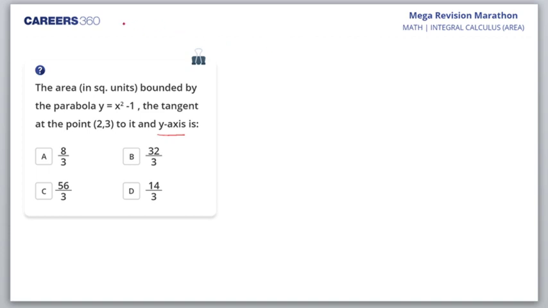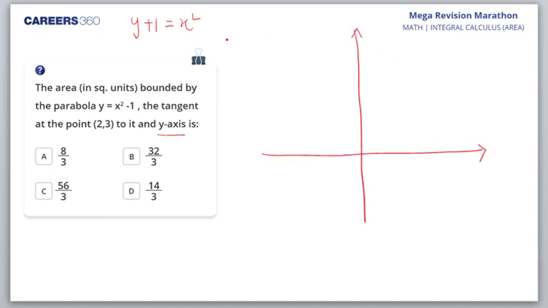So as I told you, I'll just take minus 1 on the other side. So this is the curve which we are looking for. This curve is nothing but an upward parabola only with vertex at 0 comma minus 1. So this is the vertex, 0 comma minus 1.